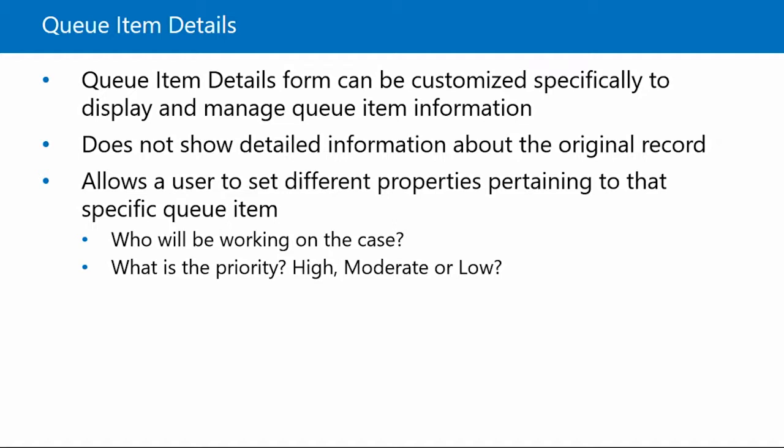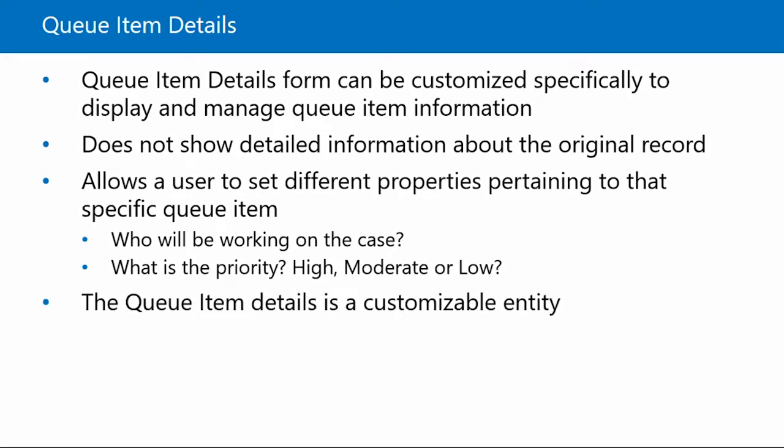However, in our next demonstration, you'll see that there are a few other fields that can also provide some level of value. And again, the queue item record type is a customizable entity where you can add fields you want to use to track the record within the queue.